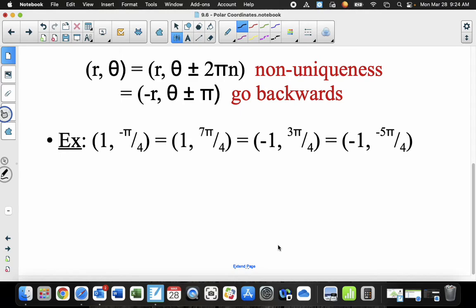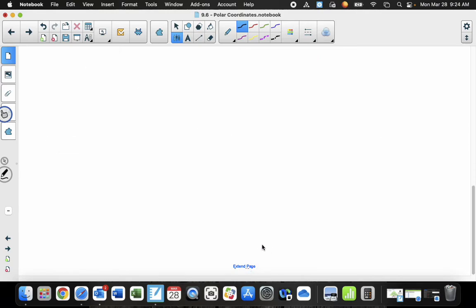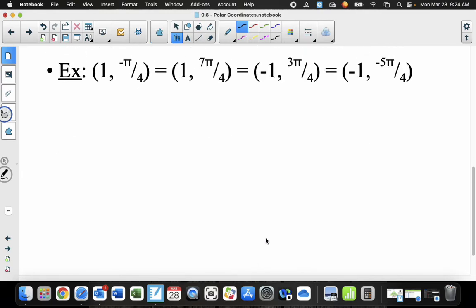Okay? So, matter of fact, let me show you a little bit right here. For example, if you take a look at these points, these are all the same point on the polar grid. So for example, if I have 1 and negative pi over 4. Negative pi over 4, first off, by the way, is what in degrees?